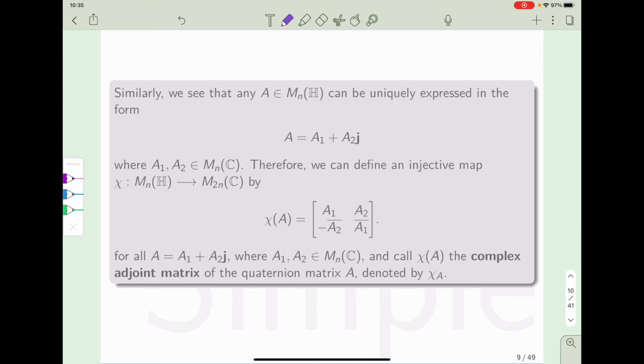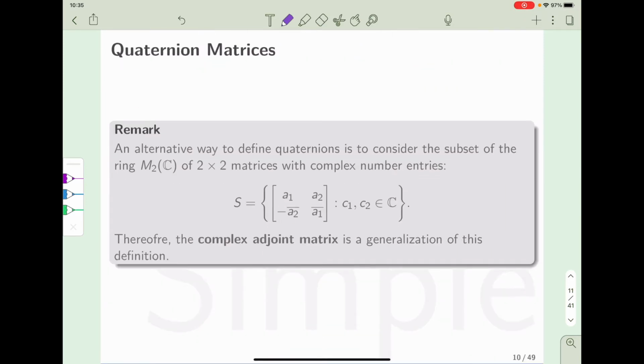The resulting complex matrix is called the complex adjoint matrix of A, which is denoted by chi of A. You may have seen a similar definition in representation theory, which says quaternions can also be expressed in terms of 2 by 2 complex matrices. If we think of the quaternions as 1 by 1 quaternion matrices, we can see that these two definitions are actually compatible.